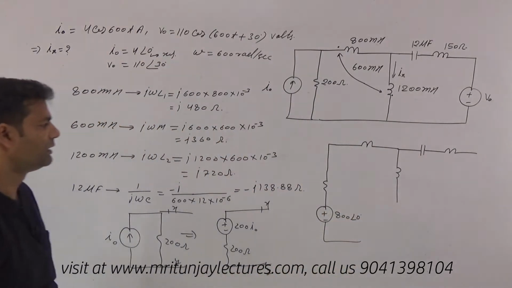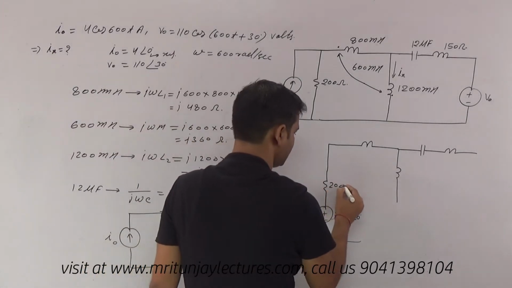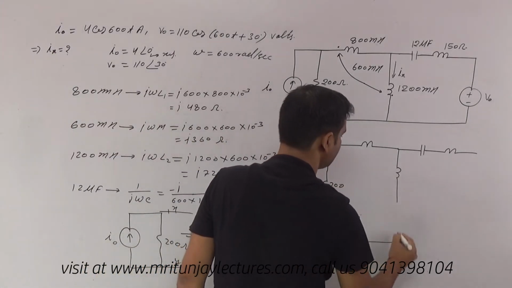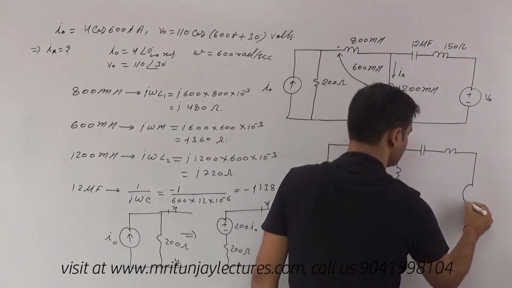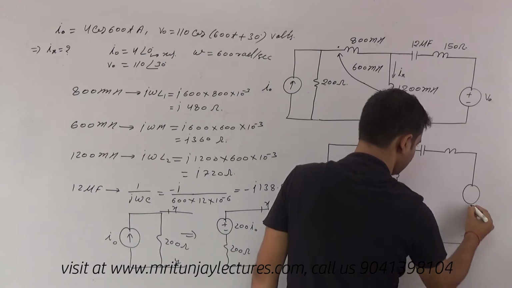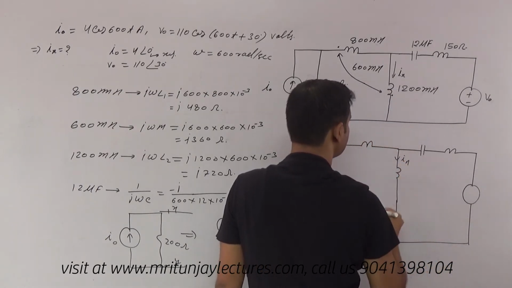Clear? And this one is 200, so make 200 simply. After that, represent all the elements.